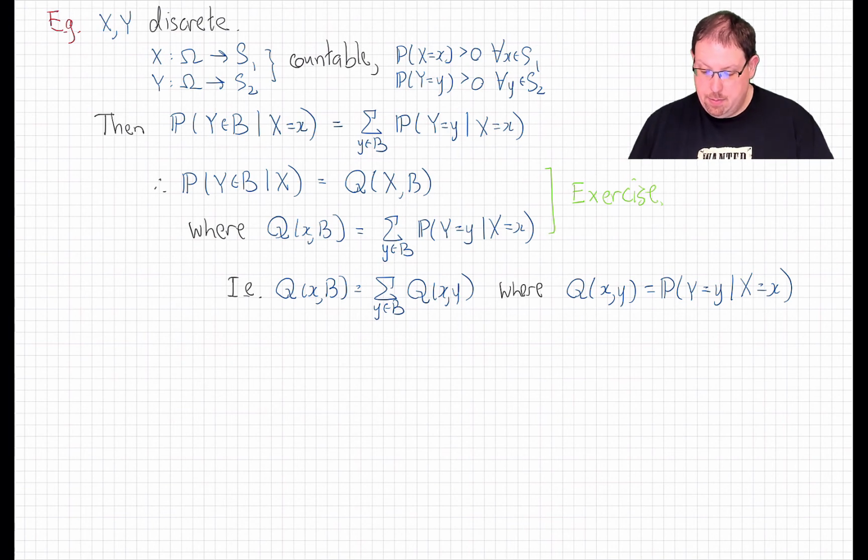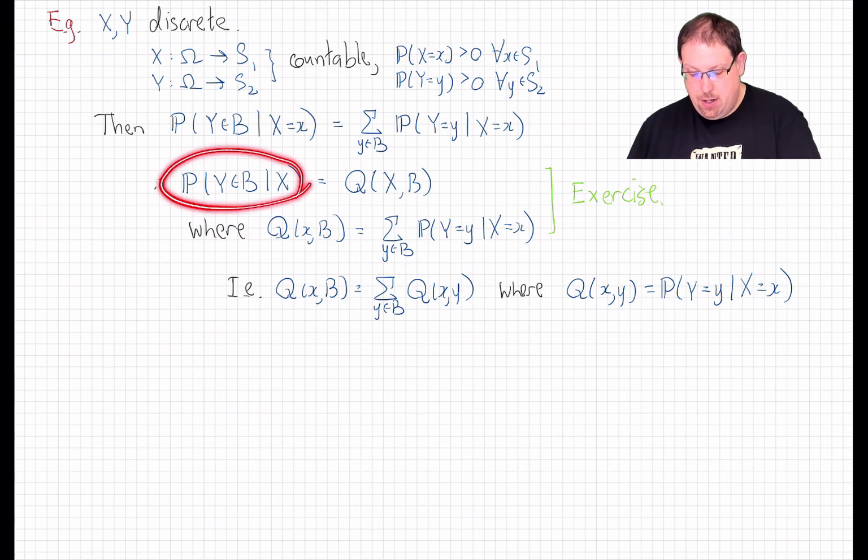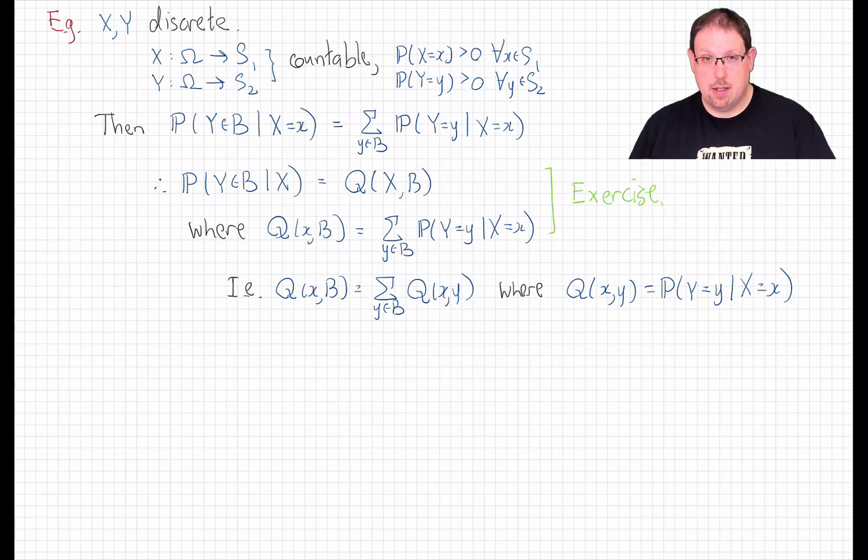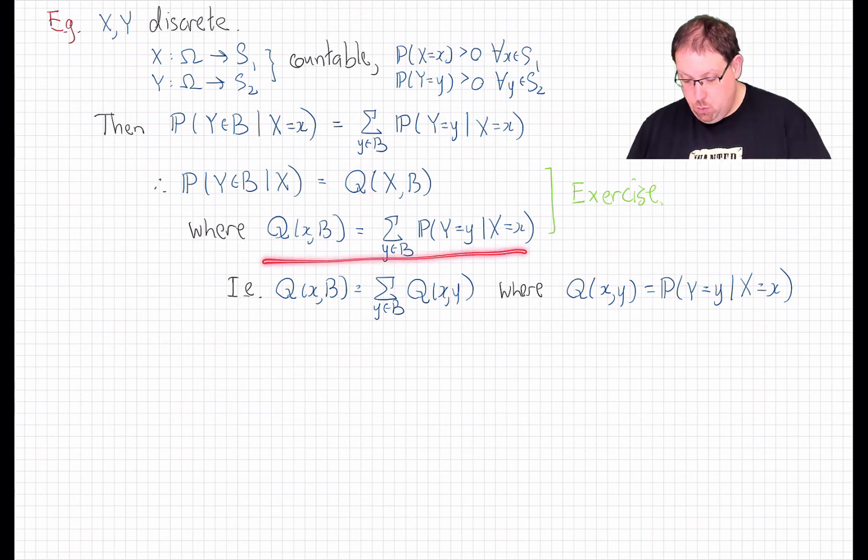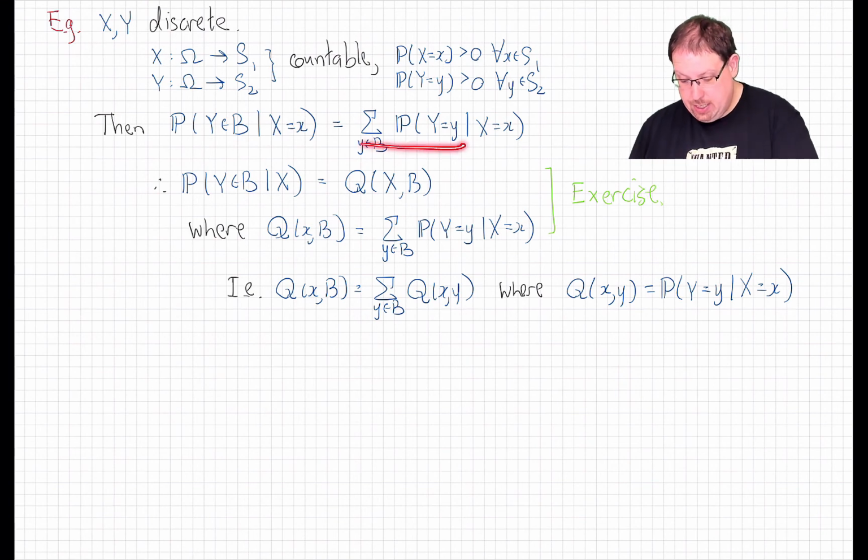So I claim that it follows from there that this random variable, the conditional probability that Y is in B given X, can be computed via a regular conditional distribution Q, this probability kernel here, which is almost exactly the same formula. Q of x and B is the sum over all y in B of these numbers here.